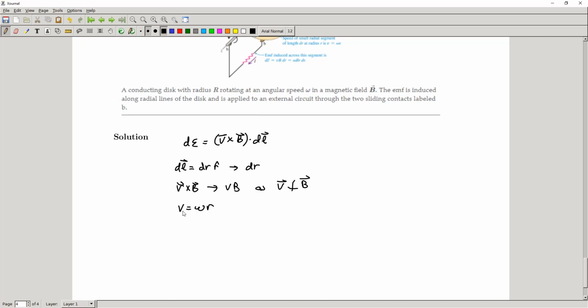So our tangential velocity is equal to our angular velocity times whatever radius we're at. So we can kind of put all this together. We put this v cross B into here as just vB. v becomes omega r, and our dl just becomes dr. So we end up with a dE equal to omega r B dr.